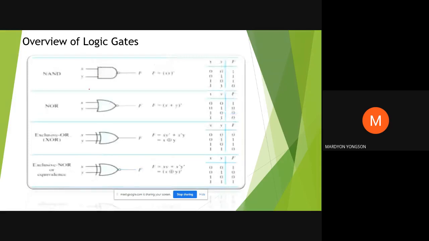And then next we have the NAND gate or NOT AND gate. So we have input x and y, and meron siyang inverter sign. So ang equation niya F equals complement of x and y. As you can see, the NAND is the opposite of AND.